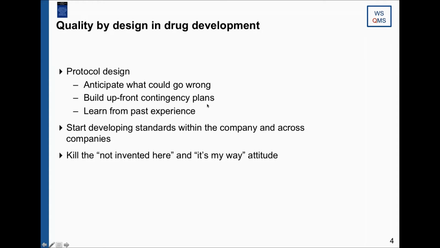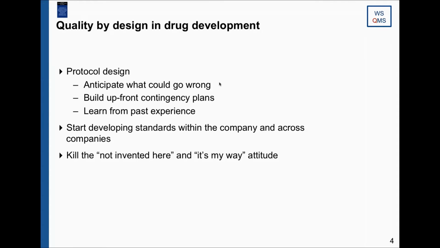Upfront contingency plans are also very important, so that once you have actually identified what could go wrong and what's the impact, through that you can actually prioritize those events, and by knowing what is the most important event from a priority point of view, you can then build contingency plans or put in some mitigating actions for the case that it happens, or with mitigating actions actually to put in preventive measures that things would not happen at all.